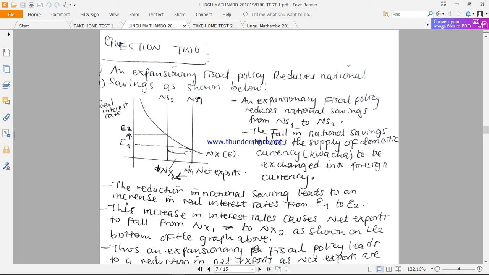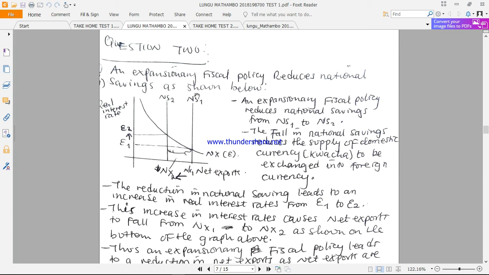We understand that national savings basically translates to net exports, because it is from what you save that you can engage in trade with other countries.